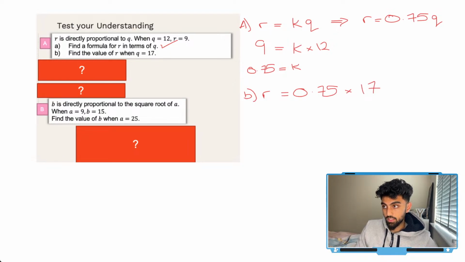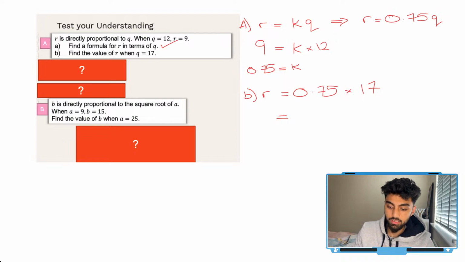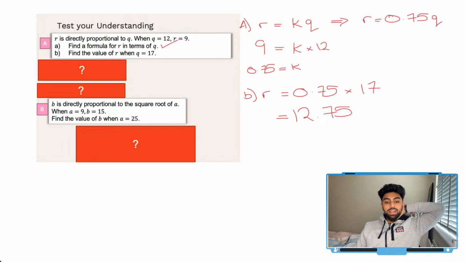Well done, Abdullah, for getting the right answer for A, by the way, that's correct. If we multiply these together, what do we get? I get 12.75 to be my final answer. And I hope that makes sense.